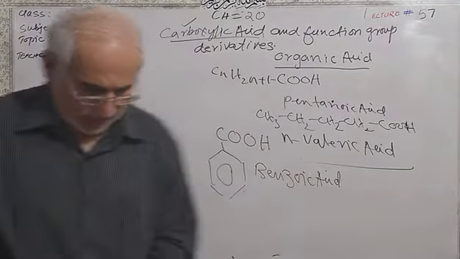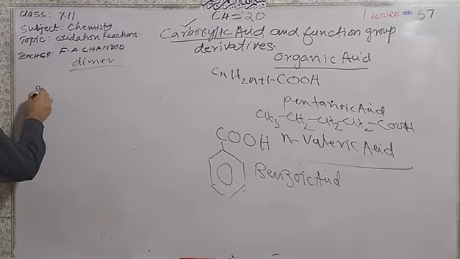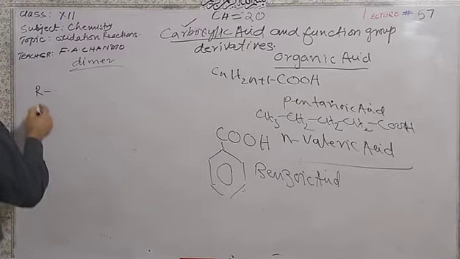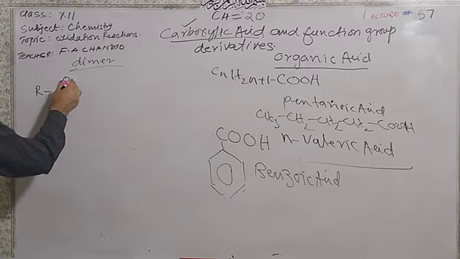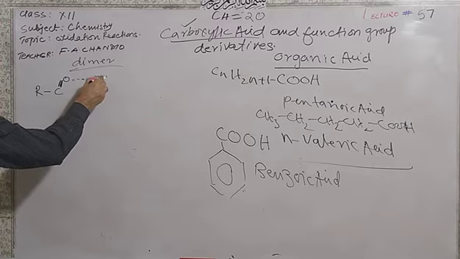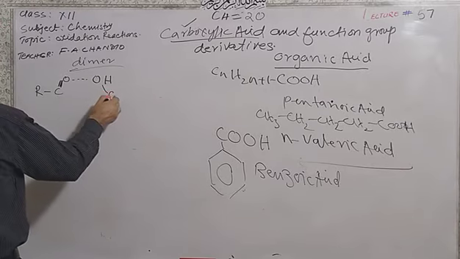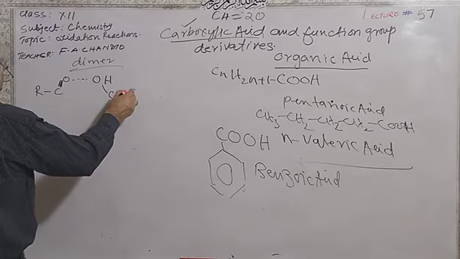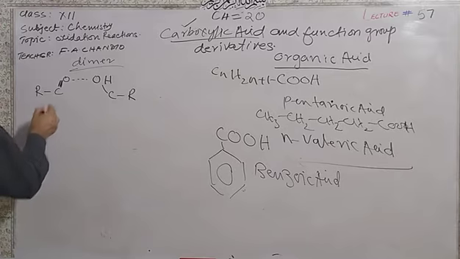So the dimer is here. This is one alkyl group, CH3. This is the carbonyl group. It is going to form hydrogen bonding with another functional group, the carboxylic acid.